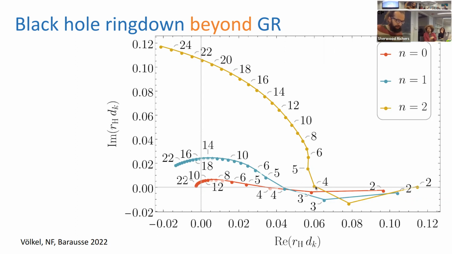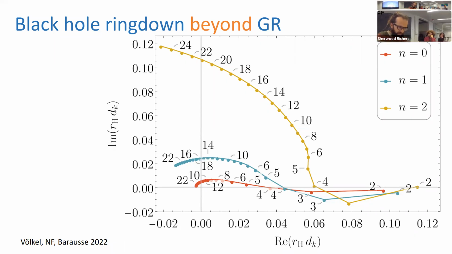You can see that as you increase the overtone, these are actually growing, and you can link it with some instability that has been found with other methods for the overtones when there is some external perturbation.